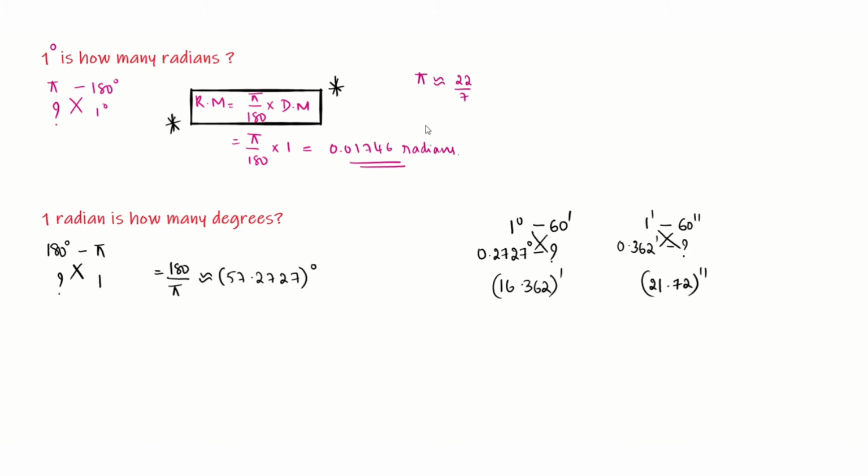So, the answer here, 1 radian, will approximately be equal to 57 degrees, 16 minutes from here and 21 seconds. The 0.72 value after the decimal point here can be ignored. So we have 1 radian is equal to 57 degrees, 16 minutes, 21 seconds.